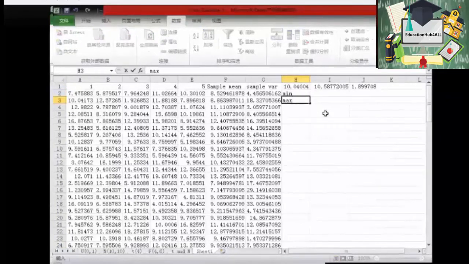First, you find the minimum value and the maximum value. I mean the minimum of the 100 sample means and the maximum of the sample means, so we can make some groups. This is what we are doing now. You do the minimum, and then we select the 100.